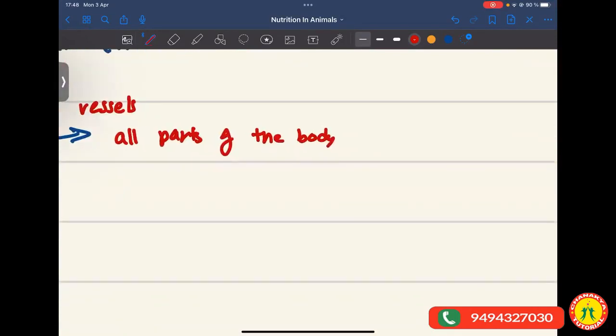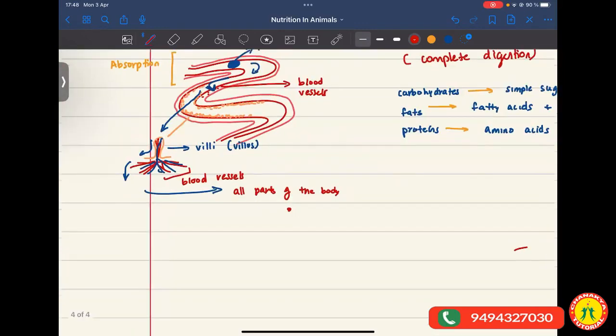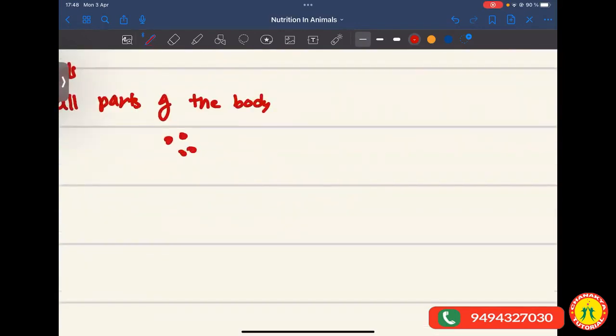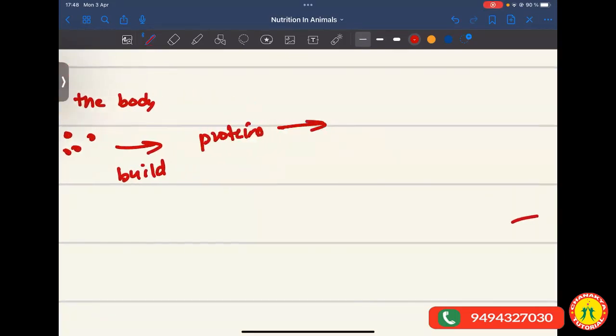And all these tiny amino acids that are transported are again built or converted into proteins. So the complex substances, which are proteins, are required and only then are they used by the body.